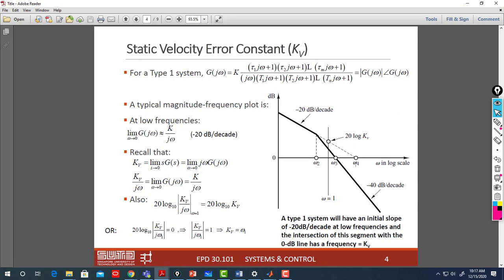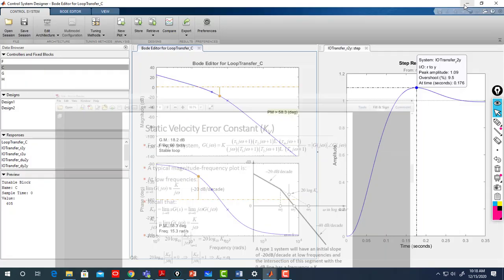Okay, so I can draw this line, and this is my design requirement now. I can draw the slope here, which will be my design requirement. Why? Because this satisfies the kV that I want. So the system should cross over at 168, which is your new kV.